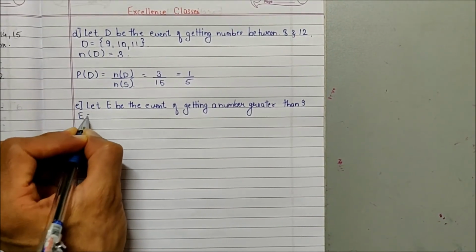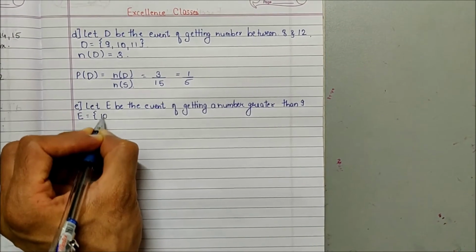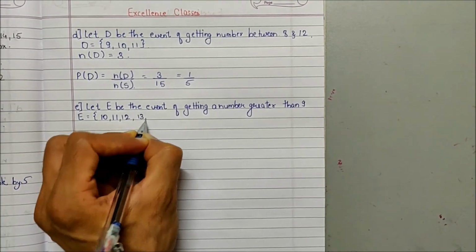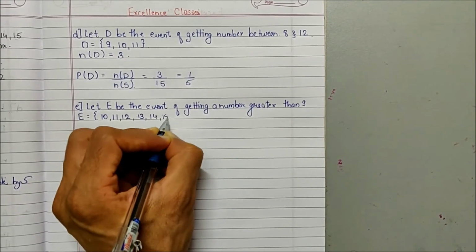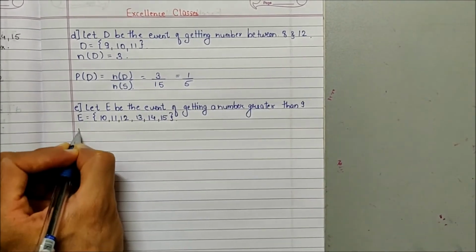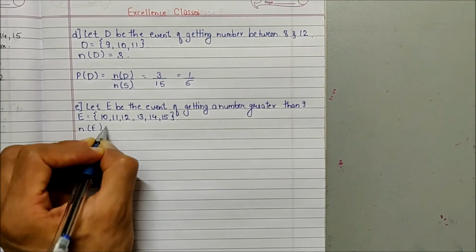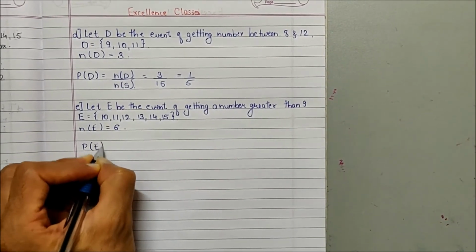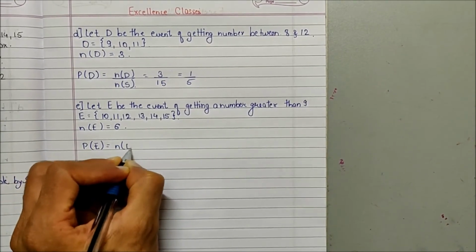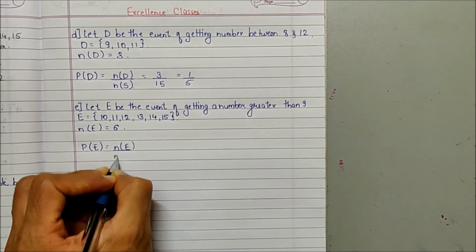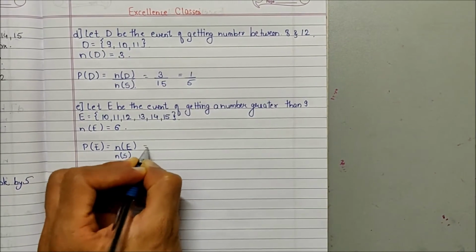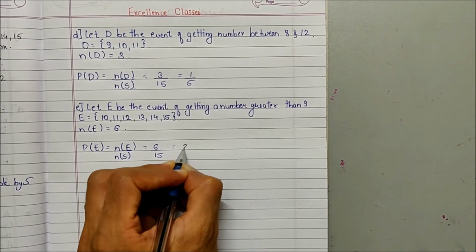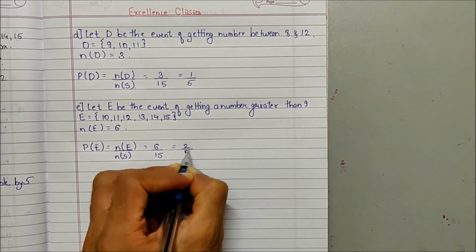Therefore, the event E is going to be 10, 11, 12 up to 15. So N of E will be 6 and P of E will be N of E upon N of S, which is 6 by 15 equal to 2 by 5.